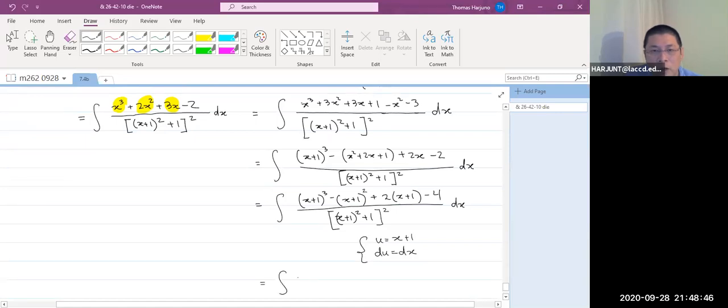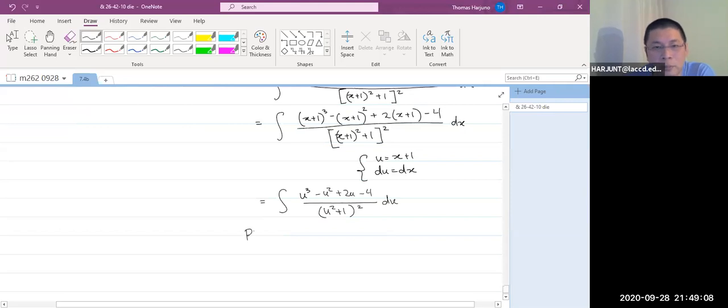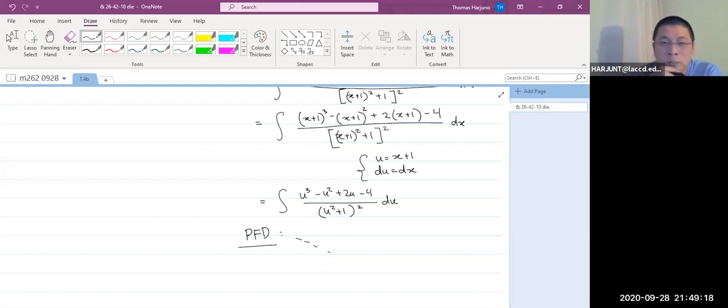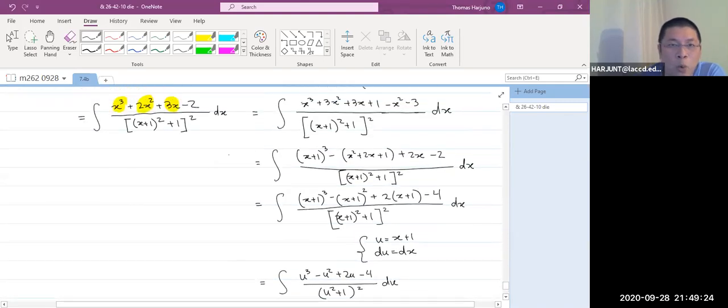So this becomes u cubed minus u squared plus 2u minus 4 over (u squared plus 1) squared. And then you do partial fraction decomposition. I don't even finish it.